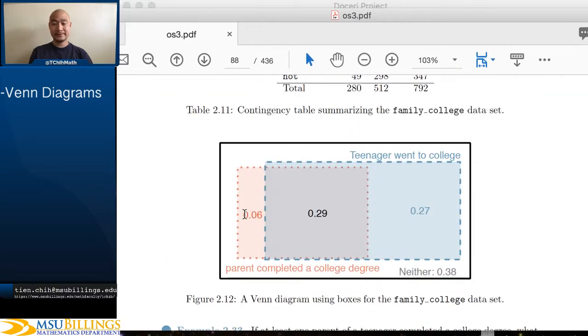on conditional probability, right? What we have here is one set, the proportion of people whose parents completed a college degree, a proportion of people who went to college, and of course some proportion of people whose parents had gone to college and who themselves went to college, some teenagers who went to college but whose parents didn't go to college, some teenagers whose parents went to college but they didn't go to college, and of course a good number of people whose parents didn't go to college and they didn't go to college either, right?